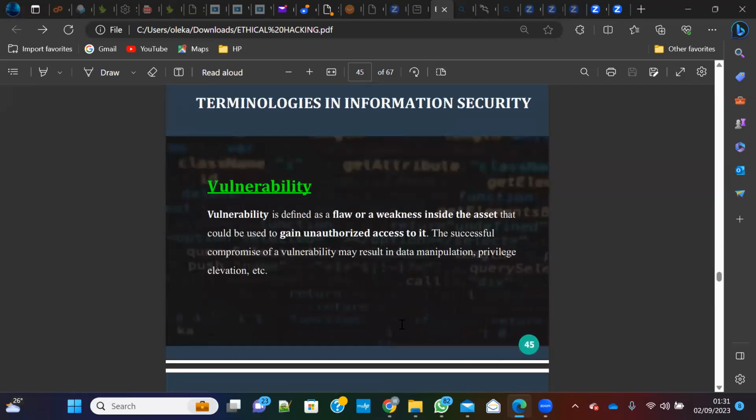Next is vulnerability. What are vulnerabilities? Like I said earlier, vulnerabilities are loopholes, faults that a cybercriminal can take advantage of. When you are hired, one of your key responsibilities is to make sure that the components being used for the business operations, from your end, are free from vulnerabilities.